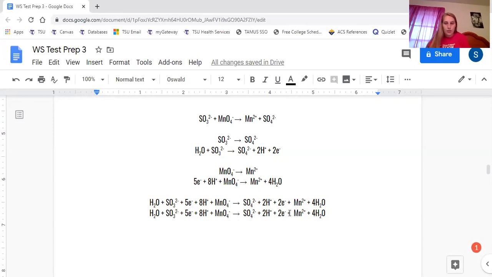We have water on both sides. So look, we have 1 over here and we have 4 over here. So we can get rid of the water over here and make this one only 3 waters. Then we can look at our electrons. So look, we have 5 over here and 2 on the other side. So we can subtract 2 electrons from both sides.